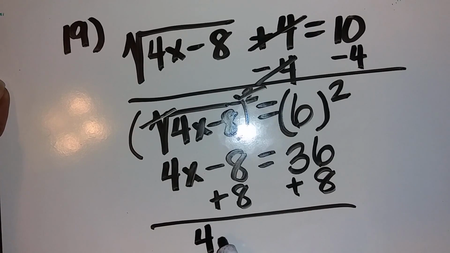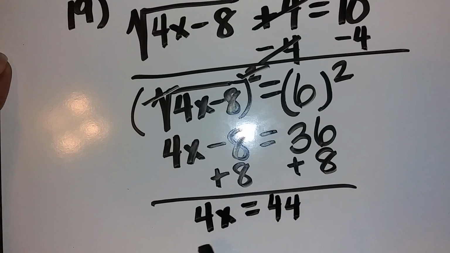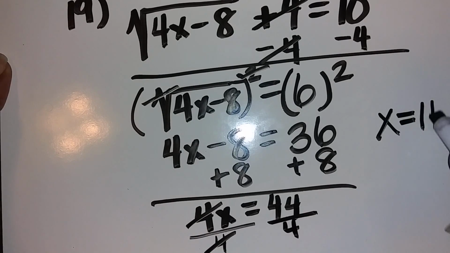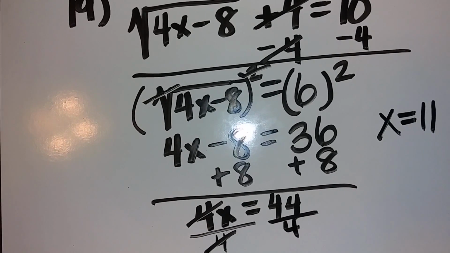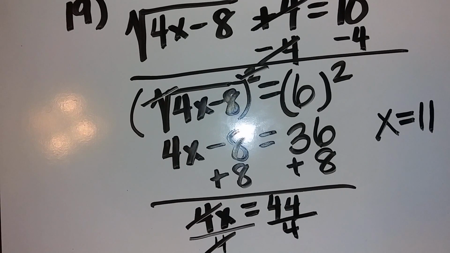I have 4x equals 44. I'm going to divide both sides by 4. So x equals 11. If I plug 11 back into my original problem, it will equal 10.